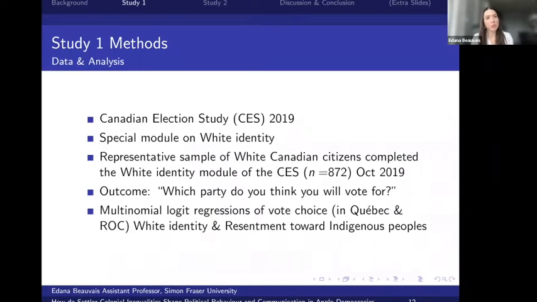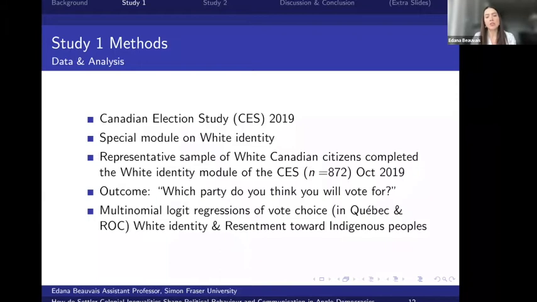The outcome that I'm going to talk about today is the question that asks respondents, which party do you think you'll vote for? The Liberal, the NDP, Conservatives, other parties in Canada outside of Quebec. And in the province of Quebec, the French-speaking region, the Bloc Québécois is also an option.